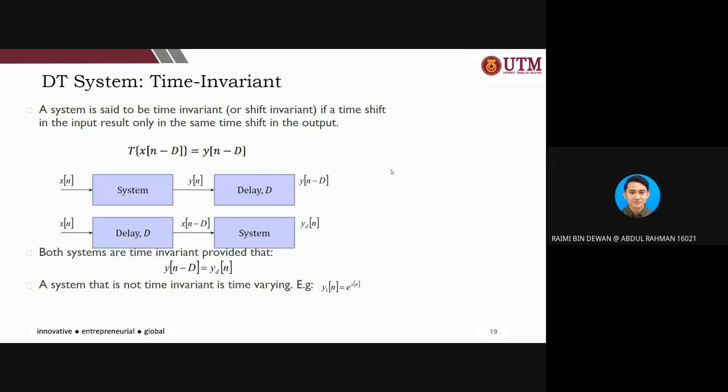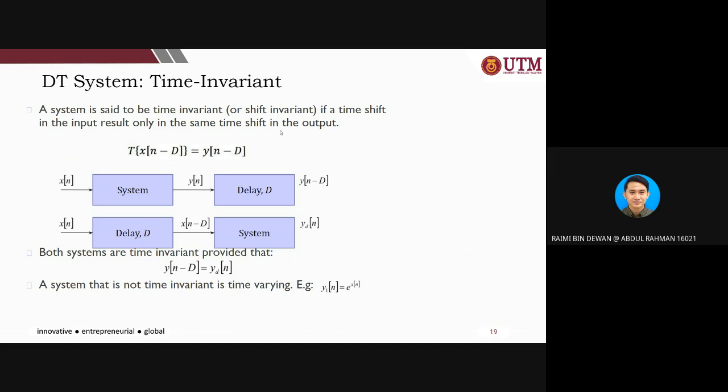Next, we go to the discrete-time system, time invariance. A system is said to be time invariant or shift invariant if a time shift in the input results only in the same shift in the output.